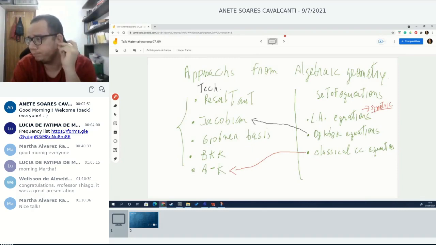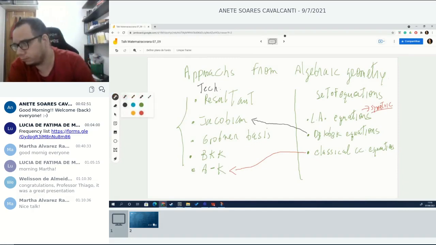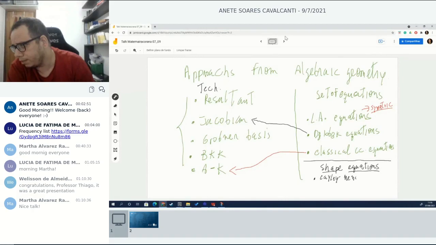But we have some shape equations in the mutual distances. For example, Cayley-Menger determinants.